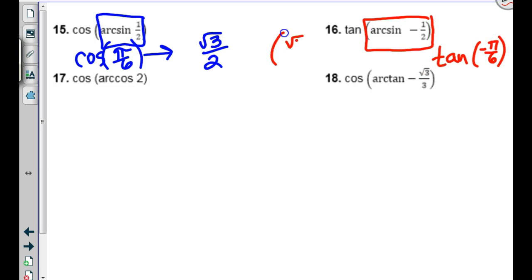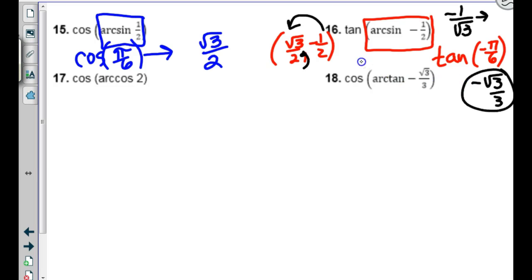Well, the ordered pair was this over this, right? So tangent would become y over x, negative 1 over square root of 3. That's a comma, sorry. Which becomes negative square root of 3 over 3. That's all number 16. Sorry, I wrote it.